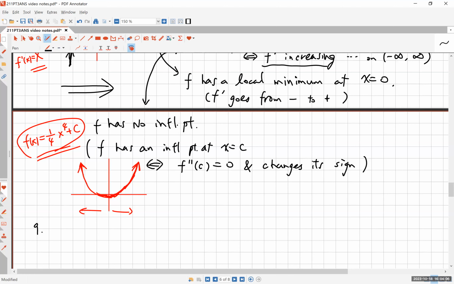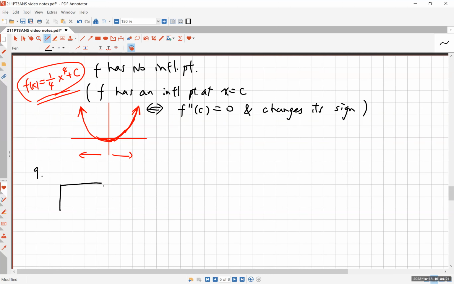Okay, number 9, prove that any rectangle whose perimeter is 60 inches cannot have an area bigger than 225 square inches. So this is a sort of an optimization problem, right? You have the rectangle, let's call the sides x and y, and we are given that the perimeter is 60 inches.